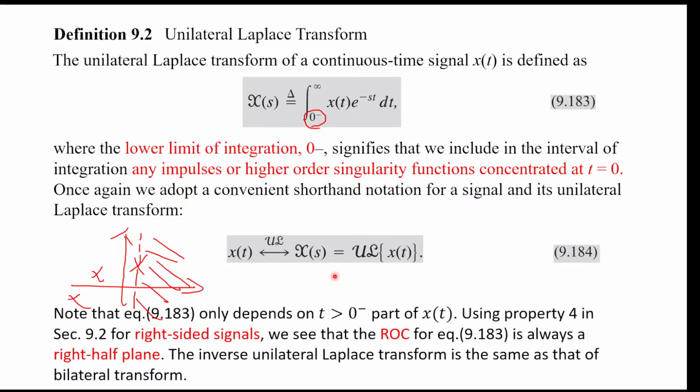And lastly, in terms of Laplace transform, we have the unilateral Laplace transform, which is just the Laplace transform by integration from 0 minus, where this 0 minus means that you also include any singularity at 0. And because you integrate from 0 minus, for the unilateral Laplace transform we actually don't need to specify the ROC, because the ROC is always the rightmost ROC.